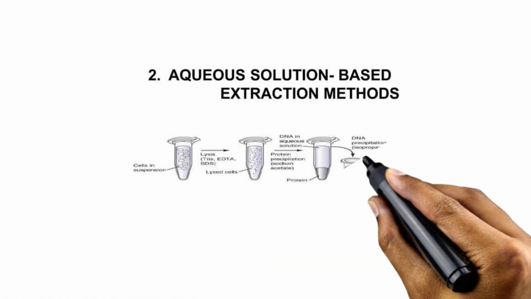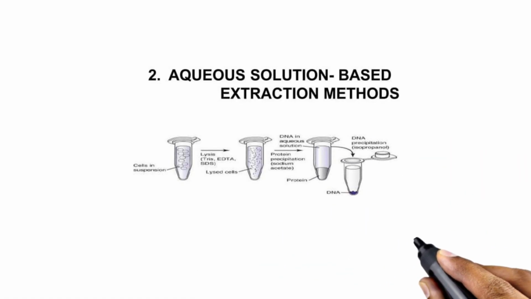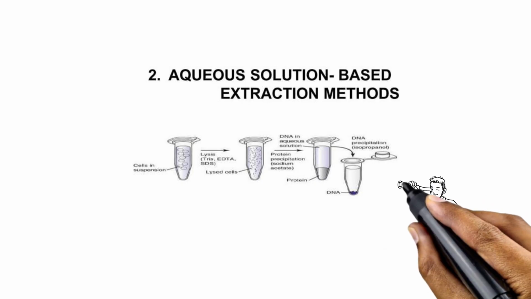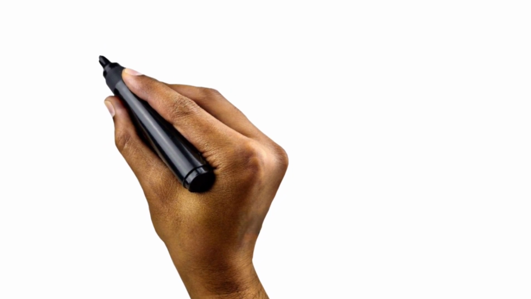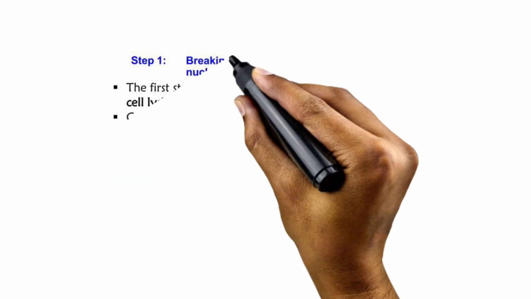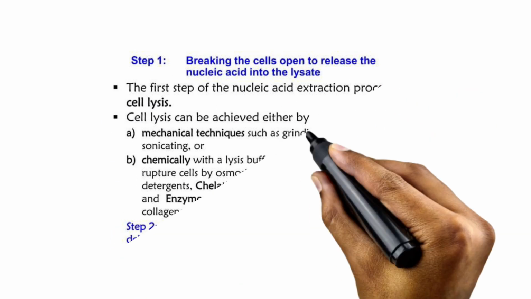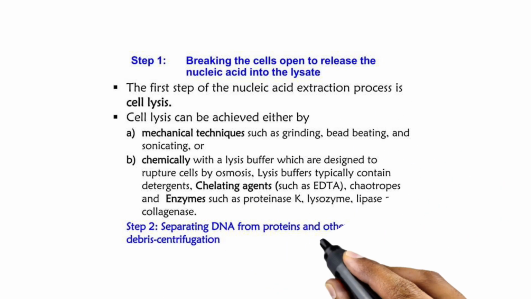In aqueous solution extraction, there is lysis, resuspension, lysis with EDTA and so on, and then separation of the phases. The steps involved in the aqueous phase extraction begin with breaking the cell open to release nucleic acid into the lysate.